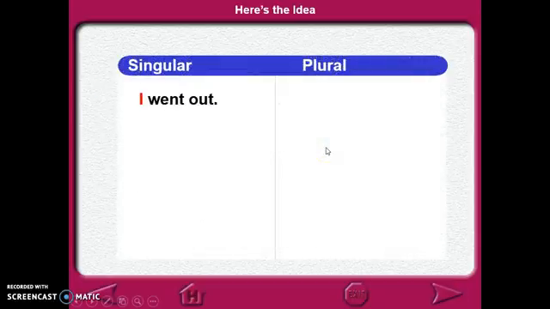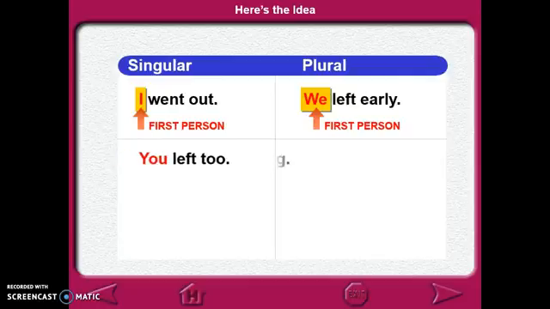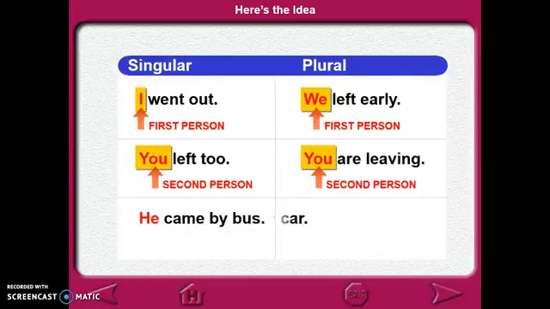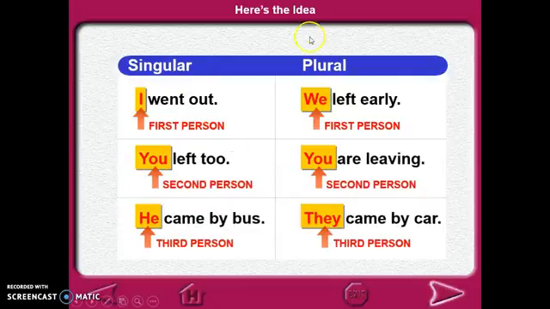So if we're looking at the chart here on this page as it's loading, if you're looking at the difference between the singular and the plural, the first person is "I went out" versus "we left early." So with the I and the we, they're both first person, so that you're included in it. If you're included in it, it's the first person. If it's the second person, it's someone else that's included in it, but you're not a part of it.